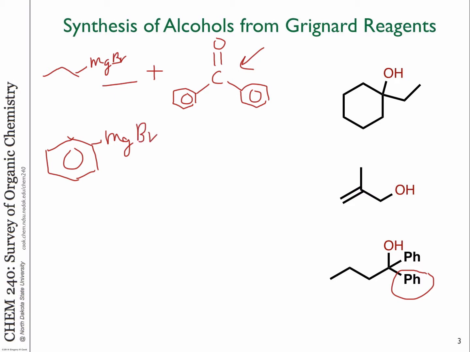Then the carbonyl group that we need to react that with to get that product would have what attached? Yeah, you're going to have one 3-carbon group and one other benzene ring. That would also work. That would work great.